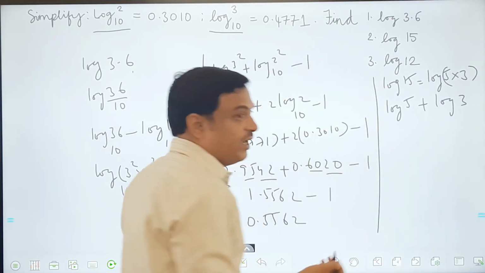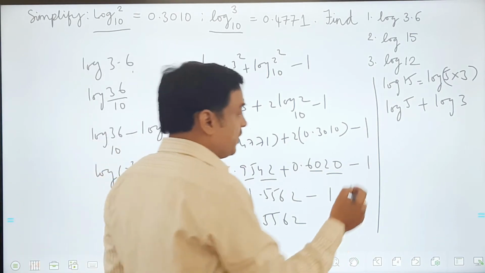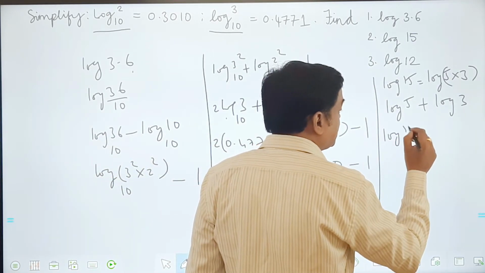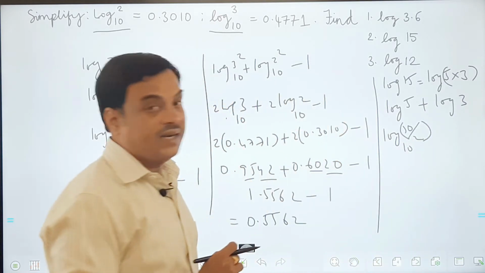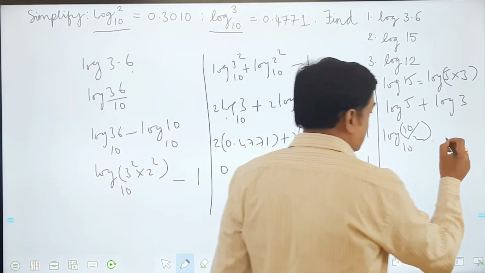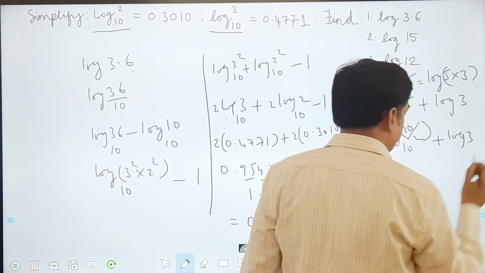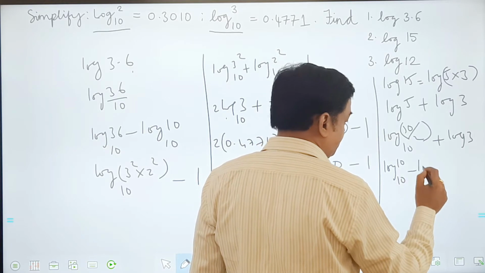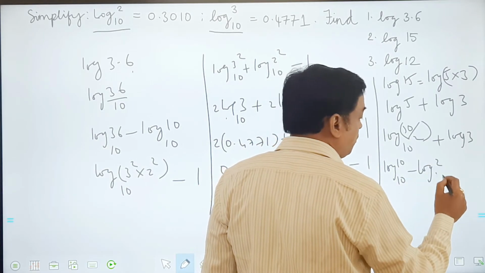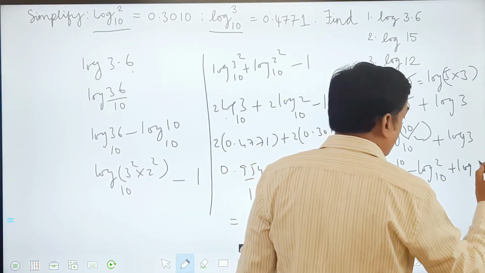I know log 3 value but not log 5. So for that I can write 5 as 10 by 2 base 10. 5 can be written as 10 by 2 plus log 3. So now it is log 10 base 10 minus log 2 base 10 plus log 3.